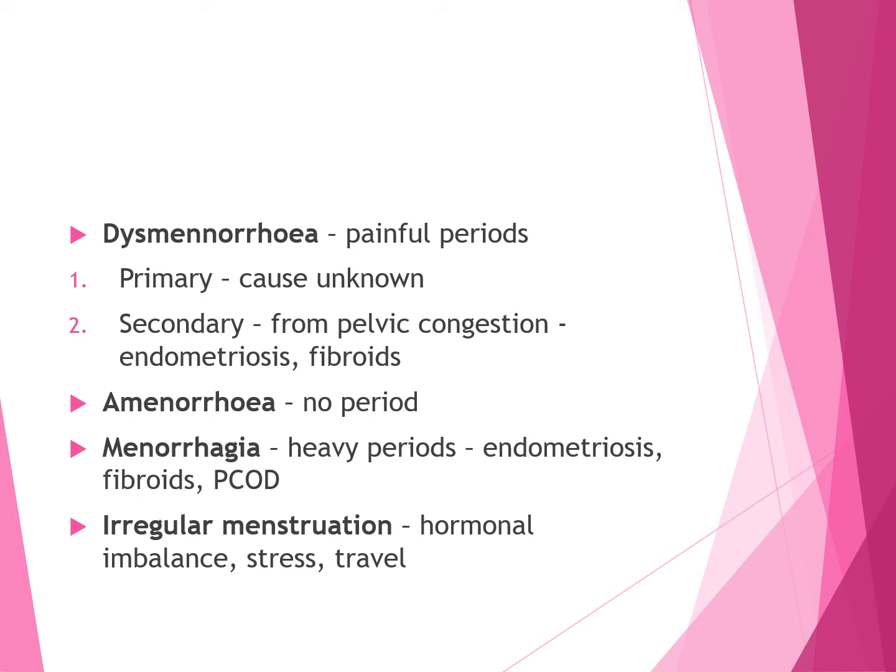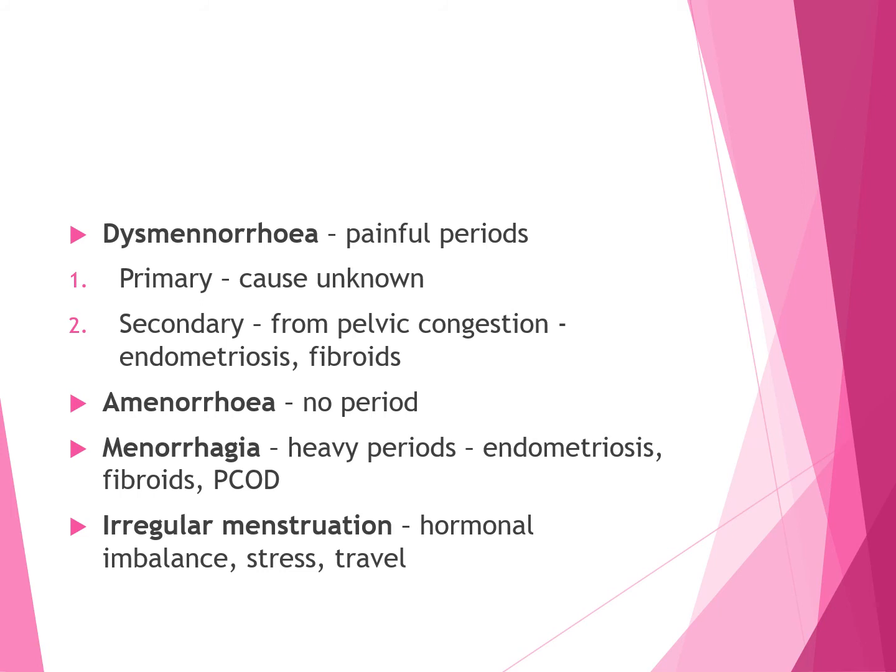Dysmenorrhea is painful menses. There is severe pain in the lower abdomen or backache, pain in thighs during menses. But after bleeding, after 4 days, the patient feels better.